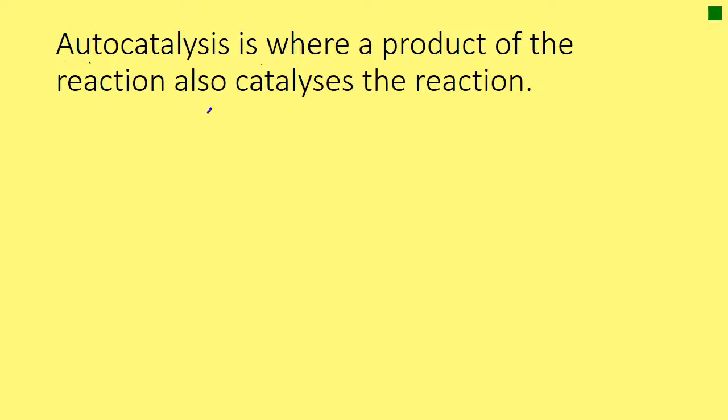And so an example of that would be when manganate reacts with ethanedioate ions. So that's an interesting ion. It's 2 carbons, 4 oxygens, 2 minus. And they're going to make some manganese 2 plus, along with some water and some carbon dioxide.